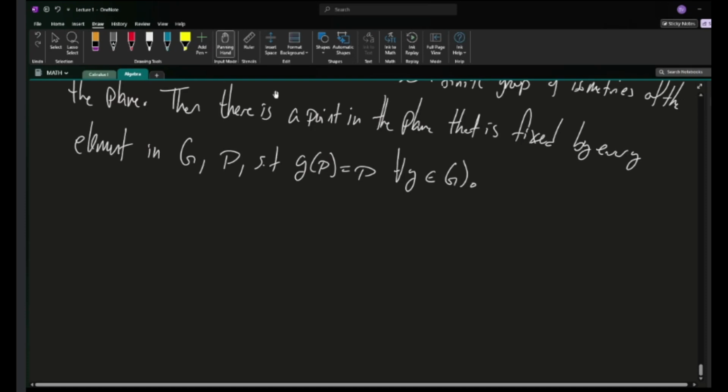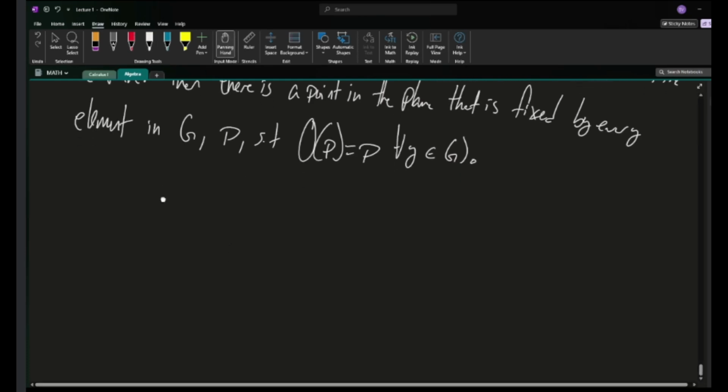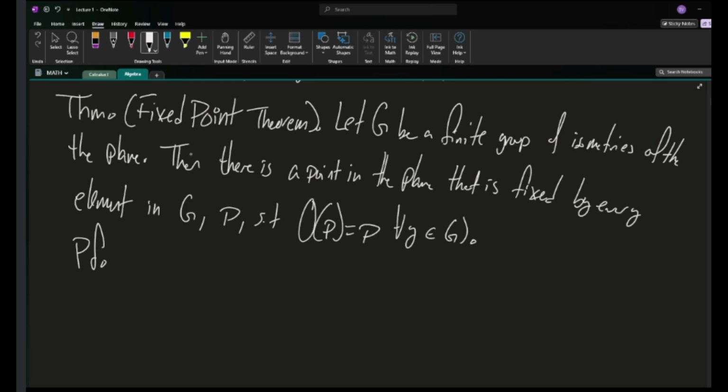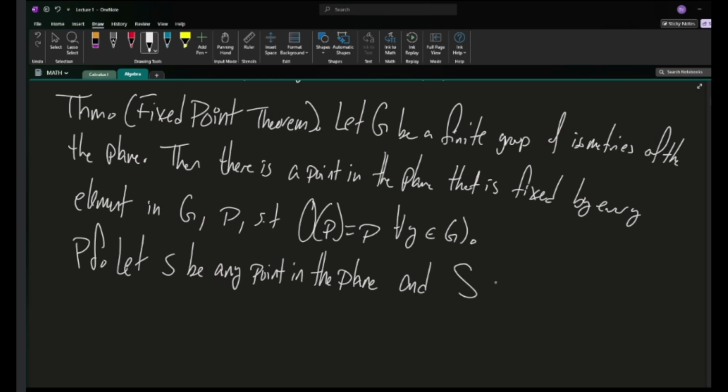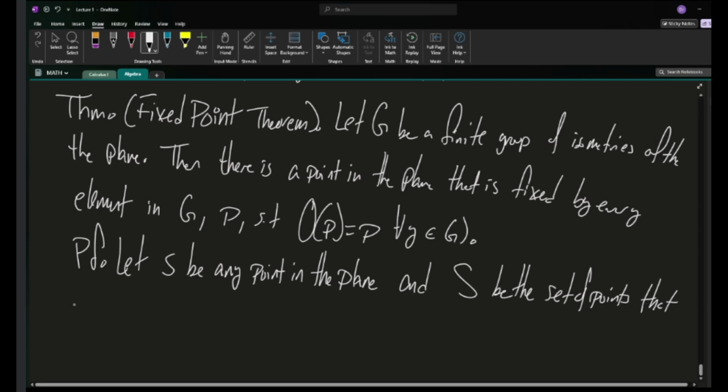Okay, so the orbit of P is equal to P for all g in G. Let s be any point in the plane, and capital S be the set of points that are images of s under various isometries.